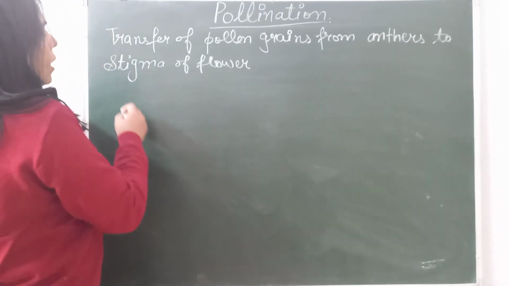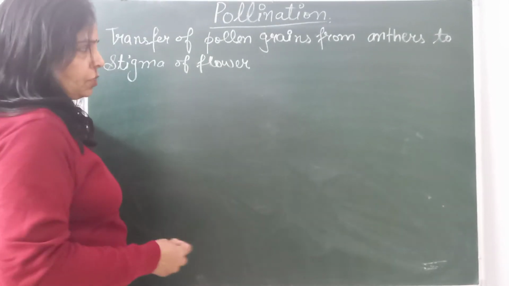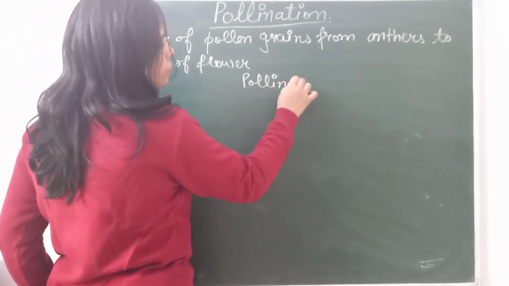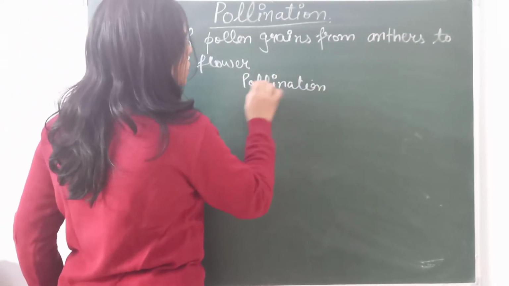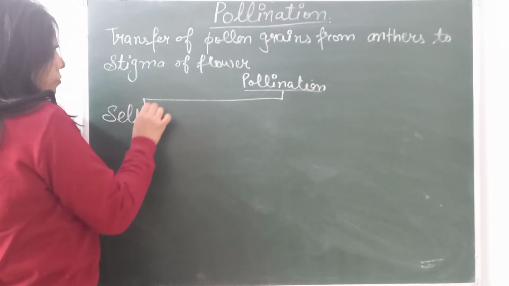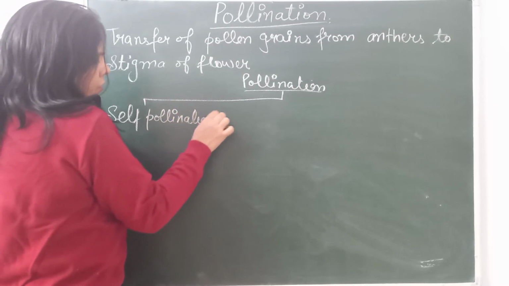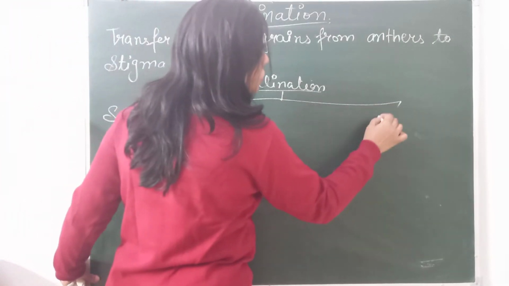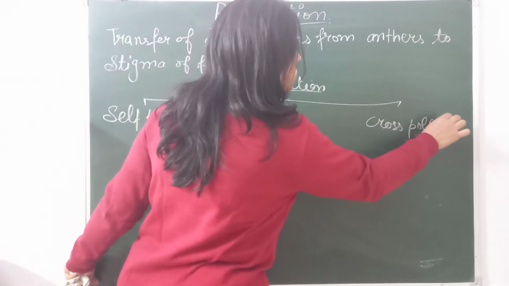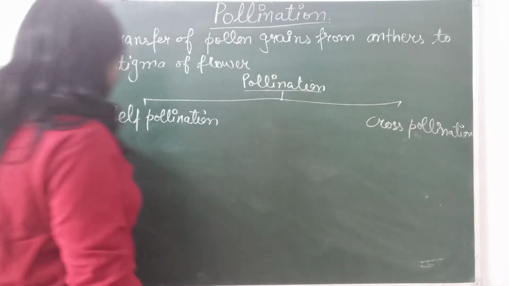On the basis of that, we can divide pollination into two types. Pollination is of two types, that is self-pollination and number two is cross-pollination. Right?